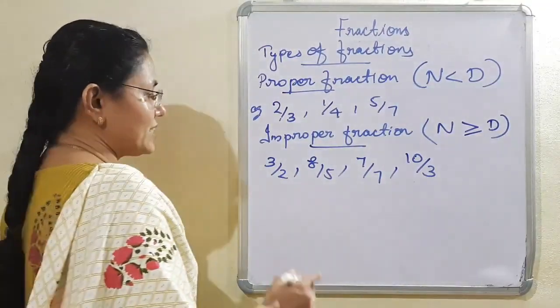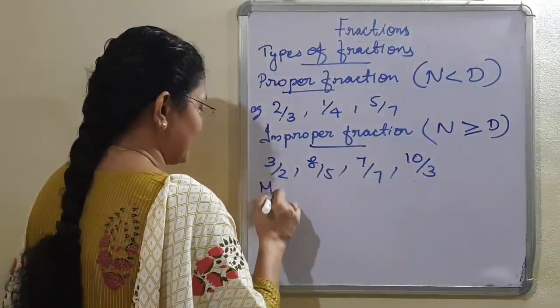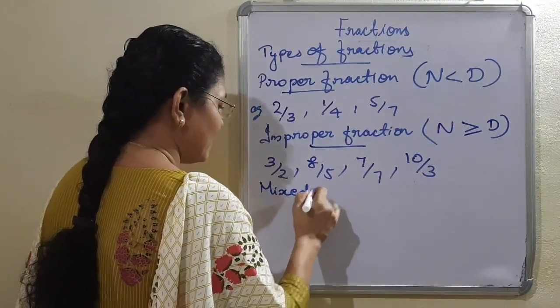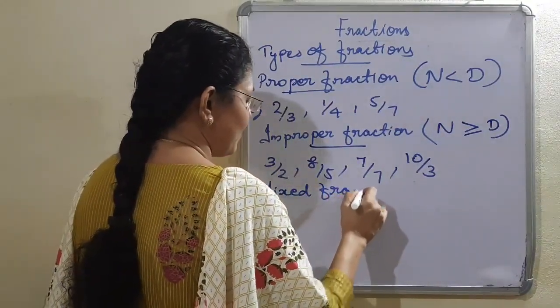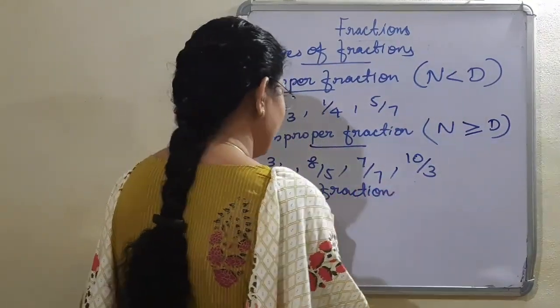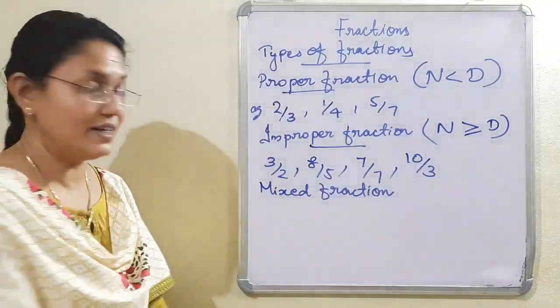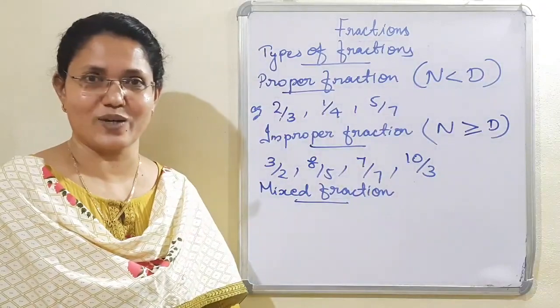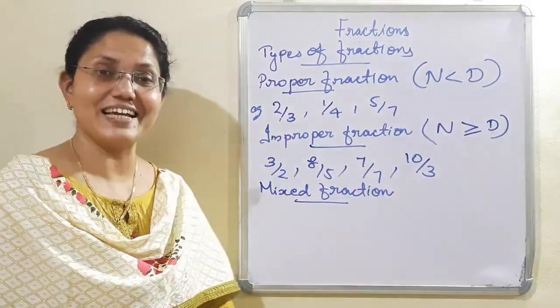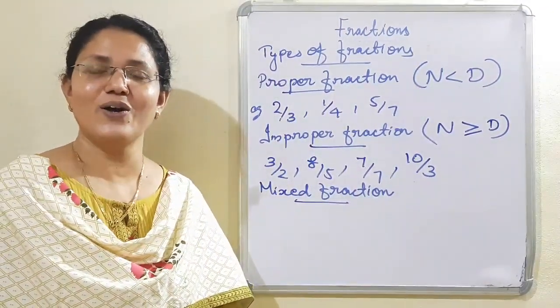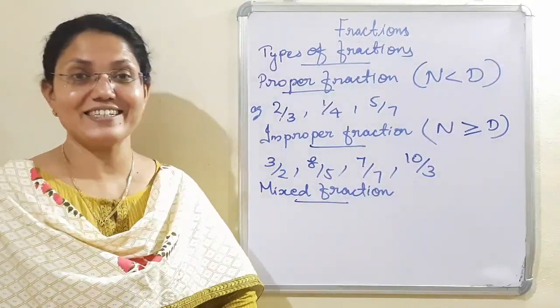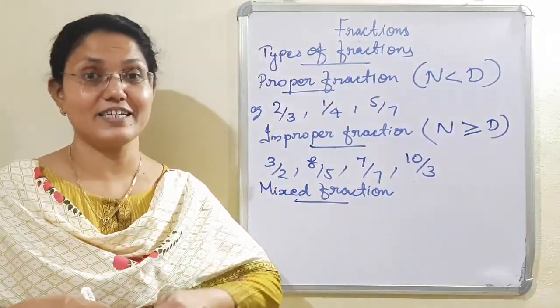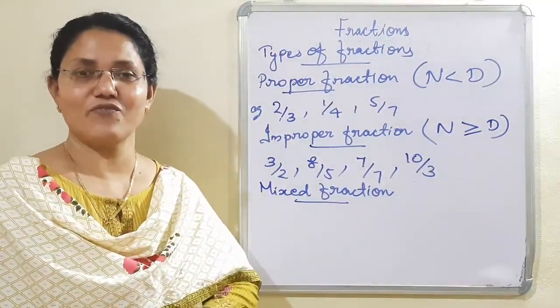Okay, next fraction is what? Mixed fraction. All of you like mixture very much, no? Why? Because many things are there in a mixture. That is why. Okay. Now similarly in mixed fraction also, a whole number is mixed with a fraction.